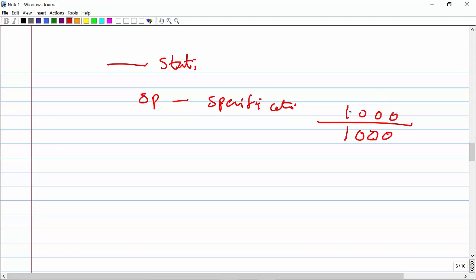Suppose you didn't get 1000 but you get 900, then you can say the yield of your design is 90 percent. But if out of 1000 you got only 100 simulations working perfectly, then your yield is very low, only 10 percent.